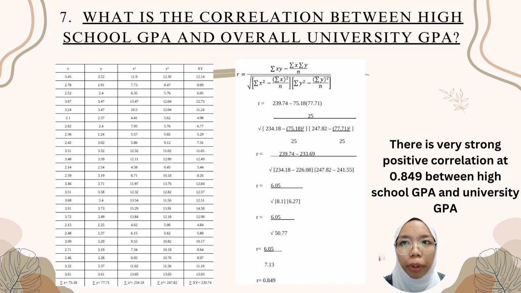R equals 0.849. There is a very strong positive correlation at 0.849 between high school GPA and university GPA.